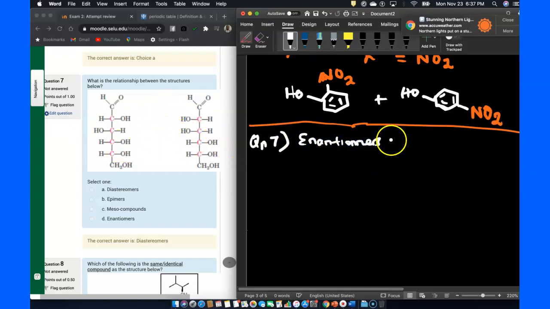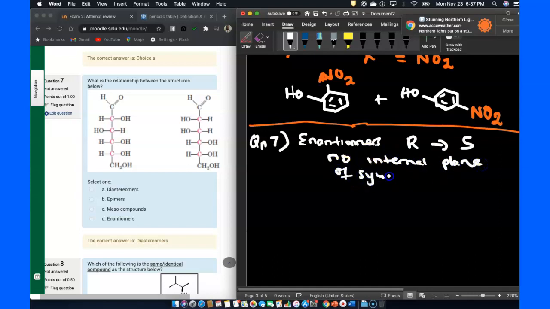Regardless of the number of chiral centers, if you have an R center, it's going to be changed to an S, and the two should have no internal plane of symmetry. At the same time, the two of them should be mirror images, non-superposable mirror images. That's why they should not have an internal plane of symmetry.